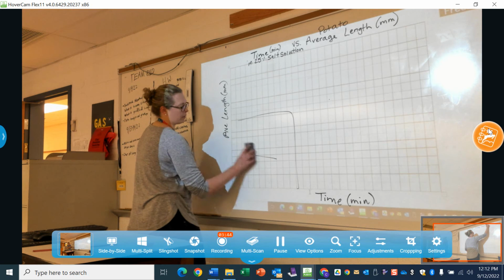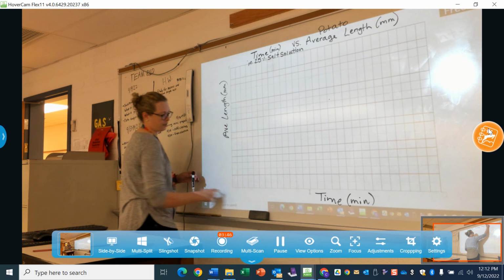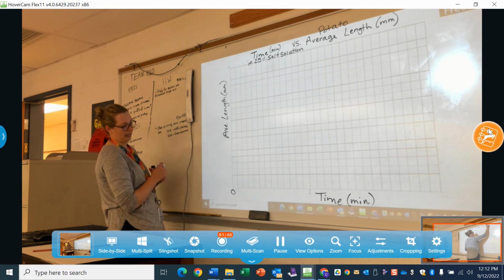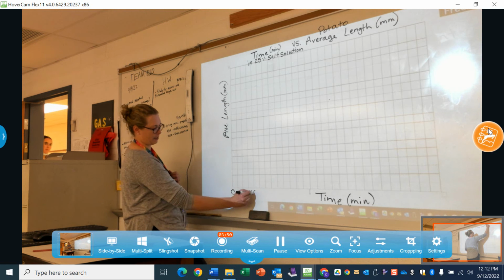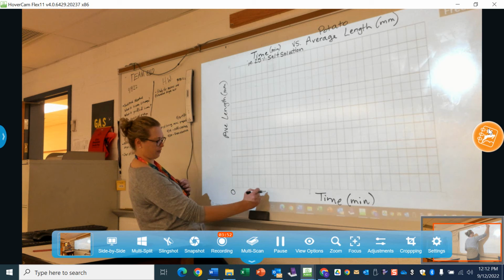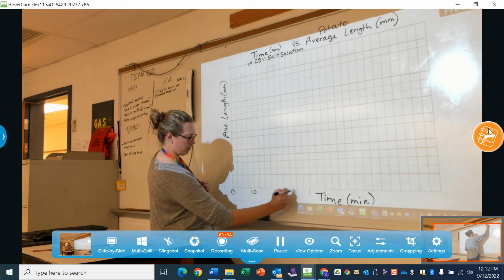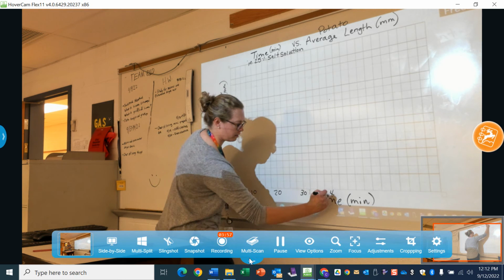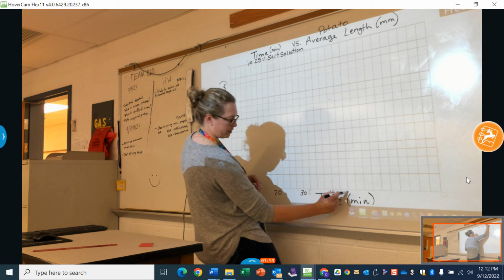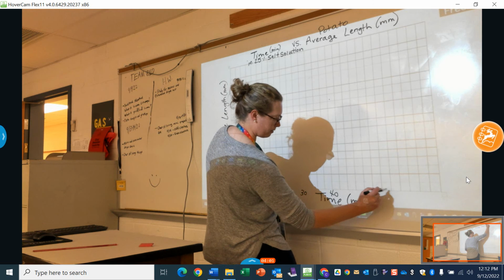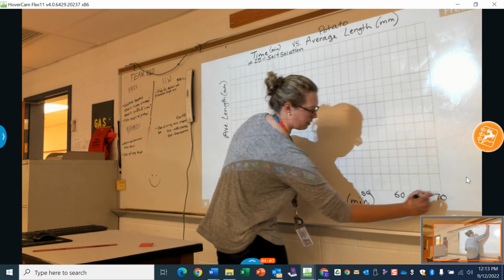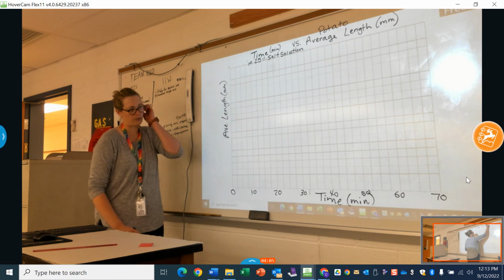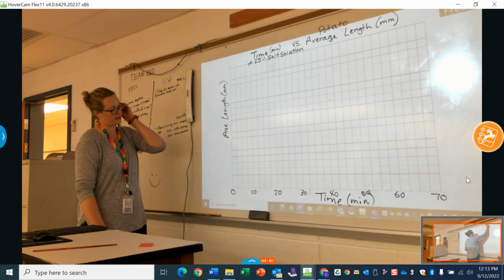So over here, start at the time that you begin. I figured it out, and it's every 10, so 10, 20, 30, all the way to 70. Okay, so we used all our x-axis.